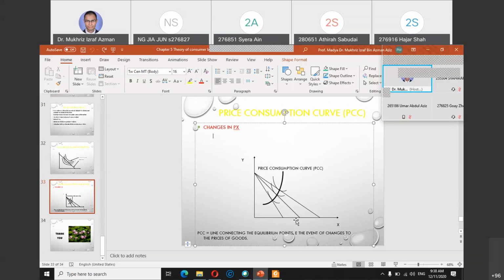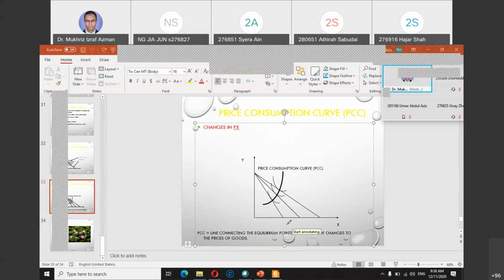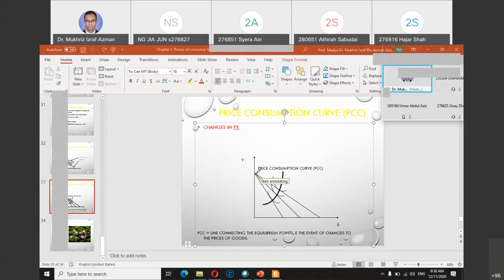In this case, you can see that the one that changes is the price of good X, because the point on Y does not change. The shift to the right is when PX goes down, from the previous slide we already discussed, and the shift to the left is when PX goes up.